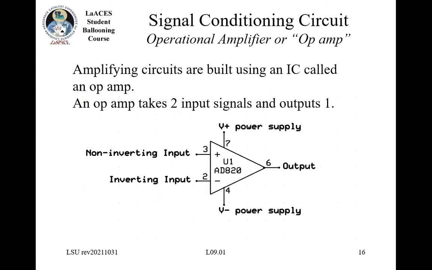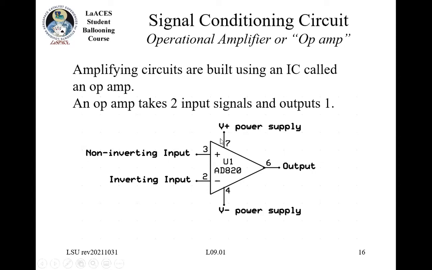So the actual piece of electronics that we're going to use to do this is something called an operational amplifier, or much more commonly, an op-amp. So these are integrated circuits. There's a whole family of these. There's many, many different types. But in general, they all have the same basic function and layout.